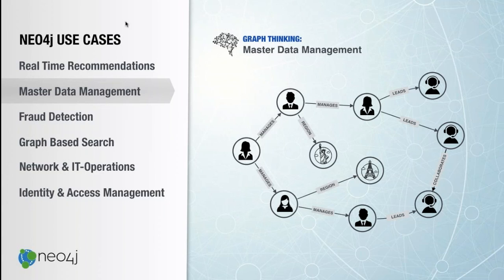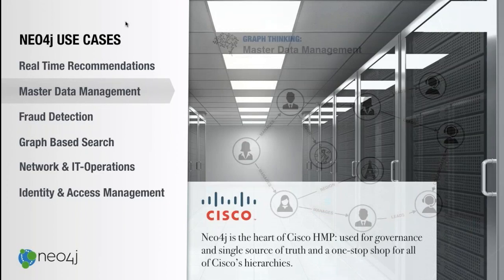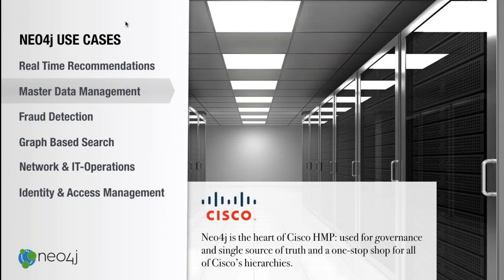We've got people using this within MDM products like Pitney Bowes. We've also got a very good use case at Cisco where it's used, as it says here, to provide a single source of the truth for all of their internal and external hierarchies.